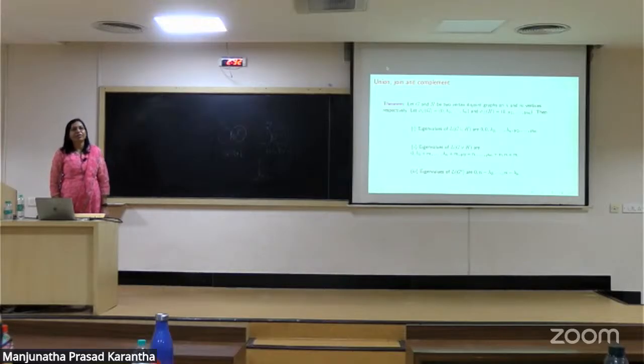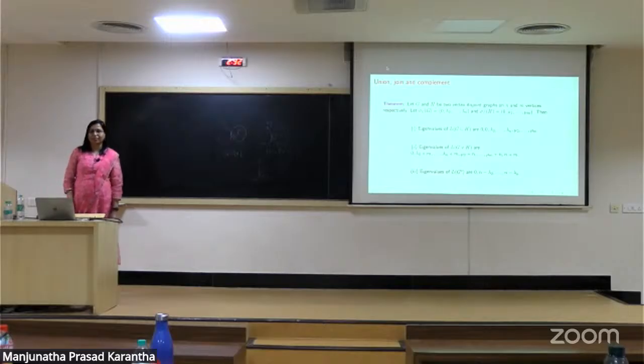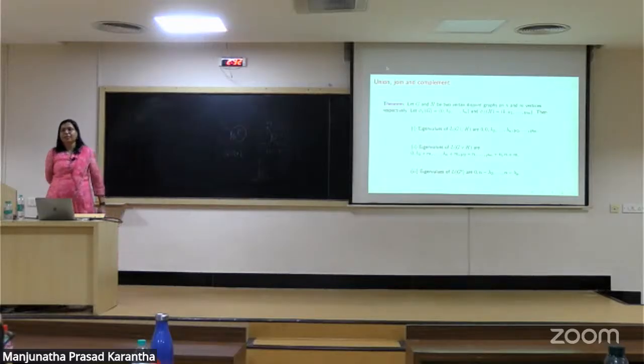The complete graph has integer eigenvalues. Stars have integer eigenvalues only if the eigenvalues root n minus 1, 0, 0, and minus root n minus 1 are integers, so it will depend on n, and then you may get an integral graph.